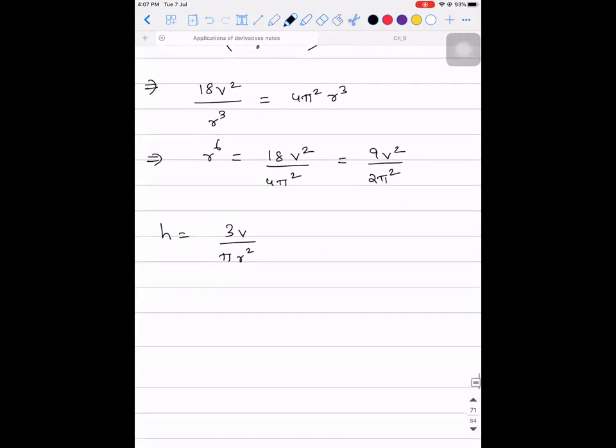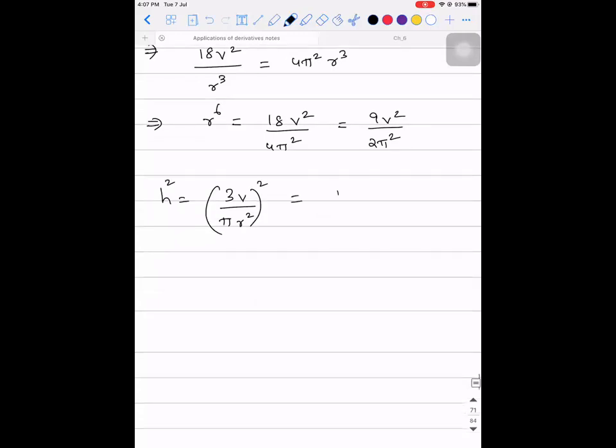That one we can substitute in r power. Okay, square it. Then you will get 9v square divided by pi r power 4. Then what do you want to do? Now we can take r power 6. Instead, if you cube it, what will you get? If you raise it to power 3, then you might get pi power 6. No, r power 6. Shall we try that?